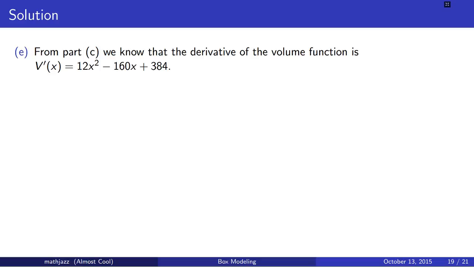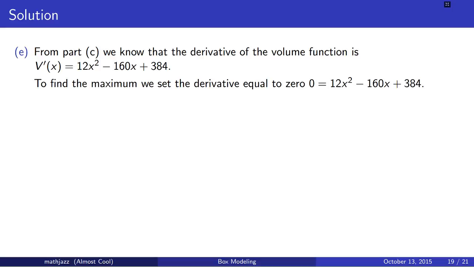Part E. From part C, we know that the derivative of the volume function is v prime of x equals 12x squared minus 160x plus 384. To find the maximum, we set the derivative equal to 0. 0 equals 12x squared minus 160x plus 384.